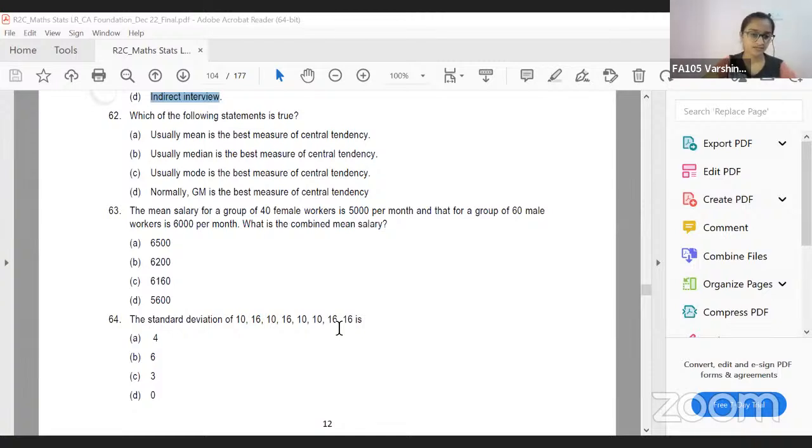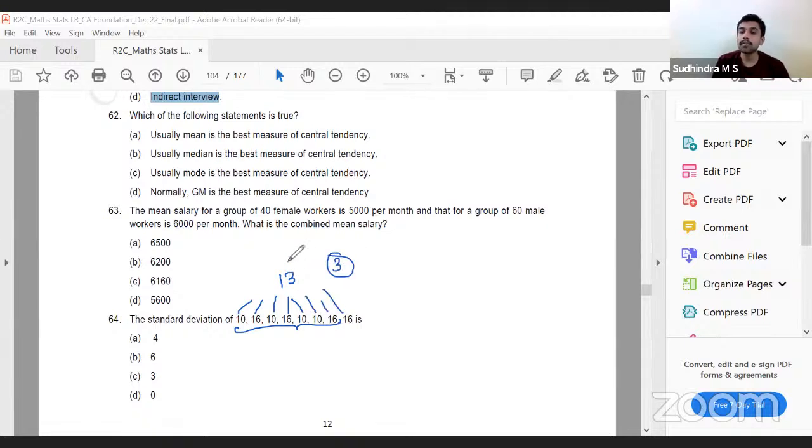Yes, it is 3. Okay, there are two ways of solving. One is applying the formula. Second, see, what is standard deviation? Standard deviation is deviation from the arithmetic mean. So, what would be the arithmetic mean? 13. All values are consistently deviating from the arithmetic mean by 3, plus 3 or minus 3. So, it should be 3.